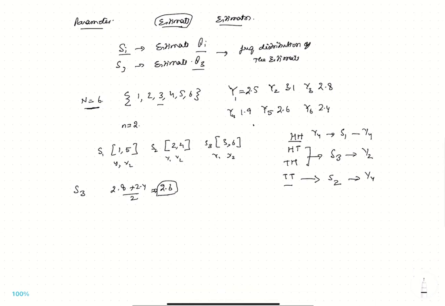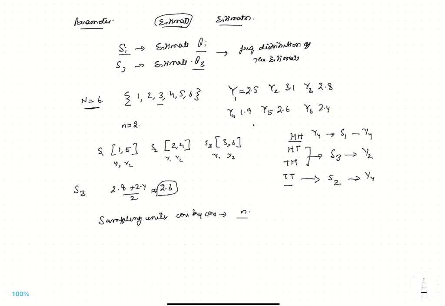So instead of picking sampling units one by one till we get a sample of size n, or we can pick them in a group.